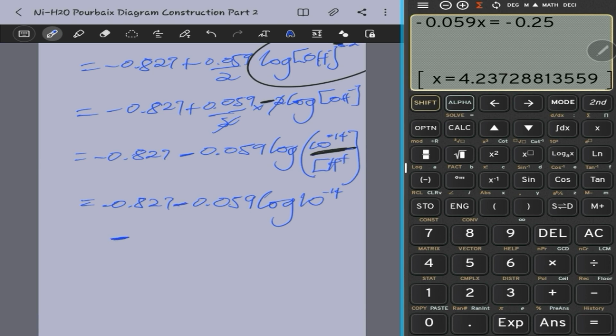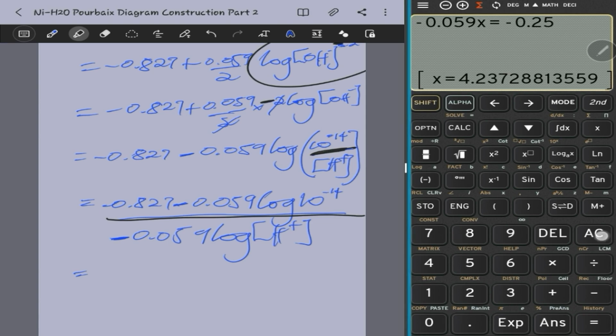This is the other part of the log, 0.059 log concentration of H plus. And then we've seen the relation for that already, where we change it to pH. So we can simplify this side. So let's see what we have for that.